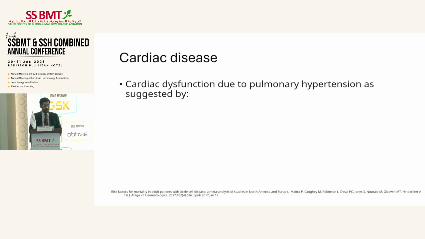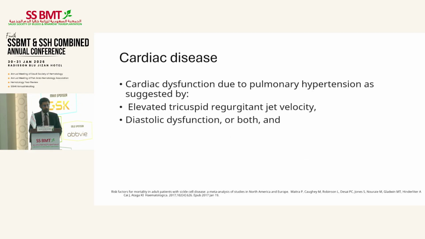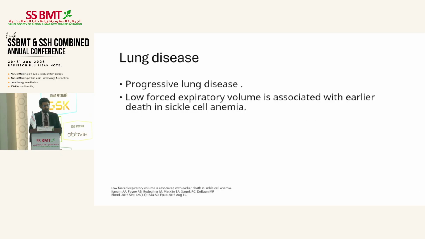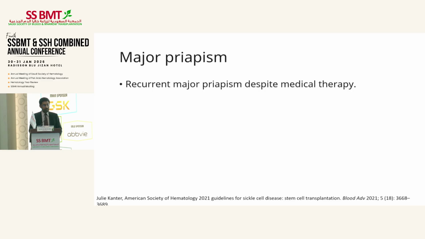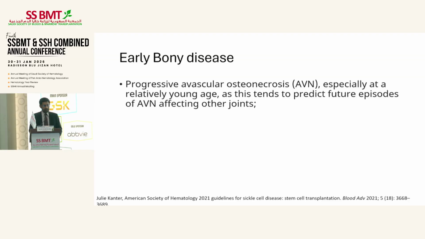Some considerations are case-by-case: cardiac dysfunction and tricuspid regurgitation, diastolic dysfunction confirmed by right heart catheterization, lung disease or progressive lung disease, progressive kidney disease, major priapism and early bone disease.